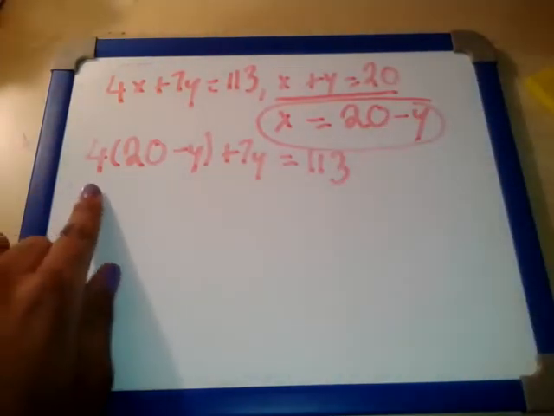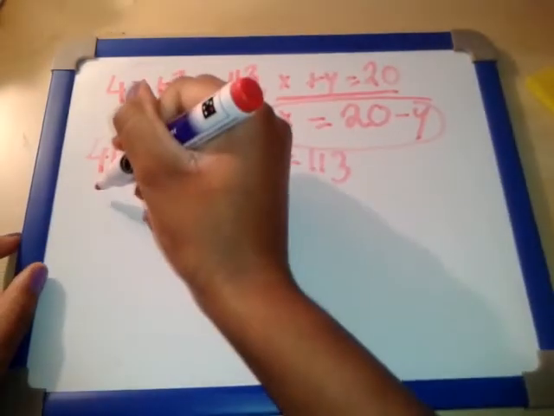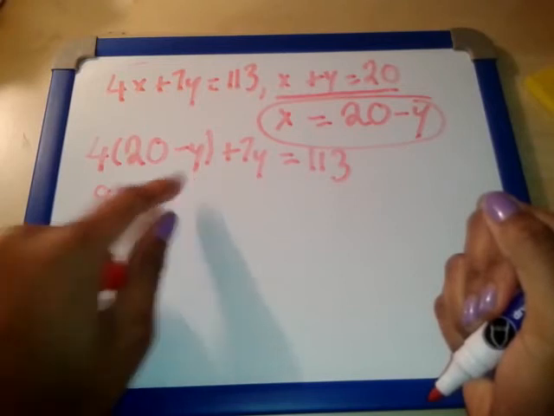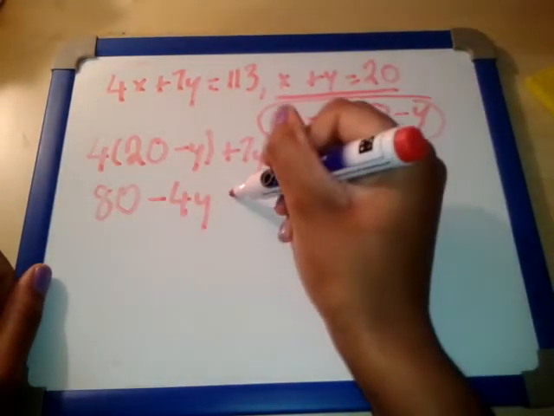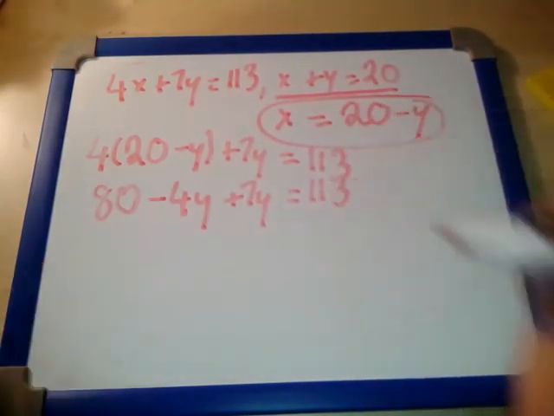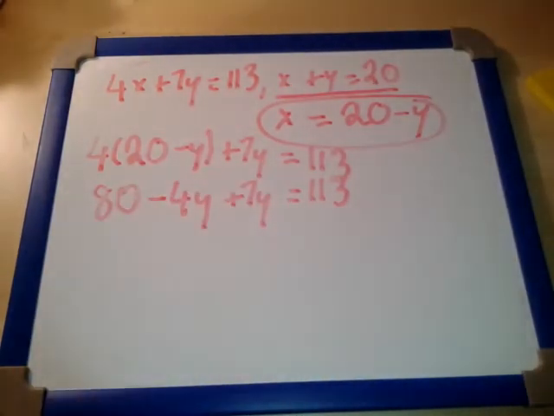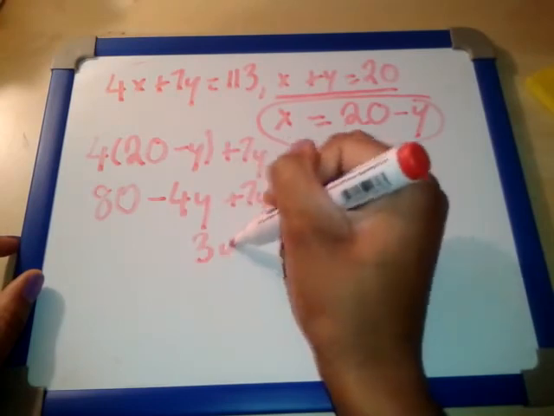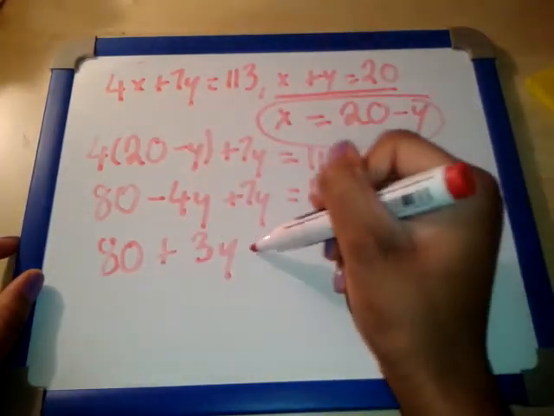So again, step 1 is to multiply out the brackets. 4 times 20 is equal to 80. 4 times minus y equals minus 4y plus 7y equals 113. So the next step is to add the y's. Minus 4y plus 7y is equal to 3y. And let's not forget the 80 on this side.